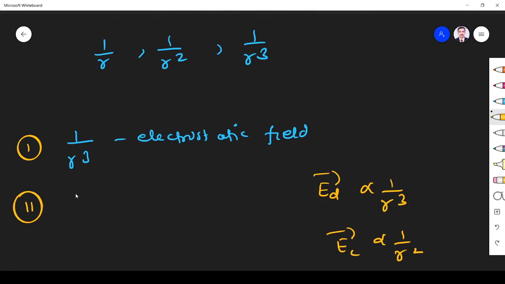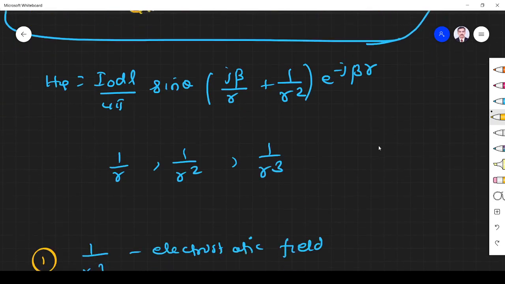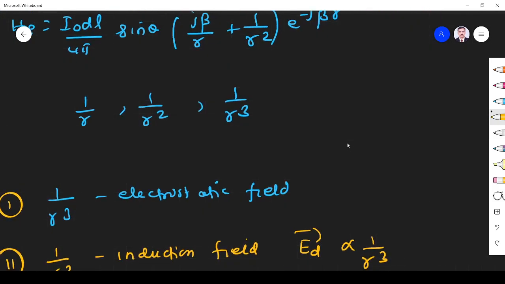Second conclusion, 1 by r squared is known as induction field. Why are 1 by r squared terms known as induction field? As per Biot-Savart law, dH is equal to I dl sin theta divided by 4 pi r square. Yes or no?